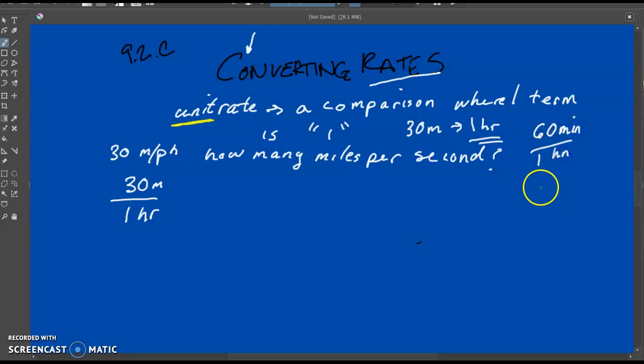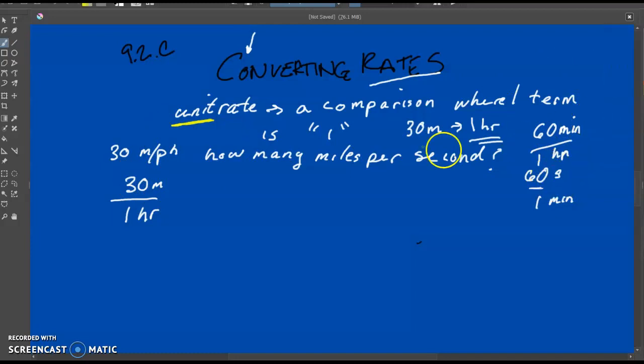And I also know that there are 60 seconds in 1 minute. So in order to convert this, we're going to have to transition this information all the way down into seconds.